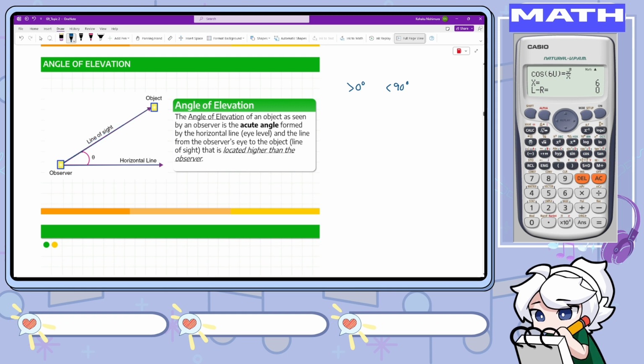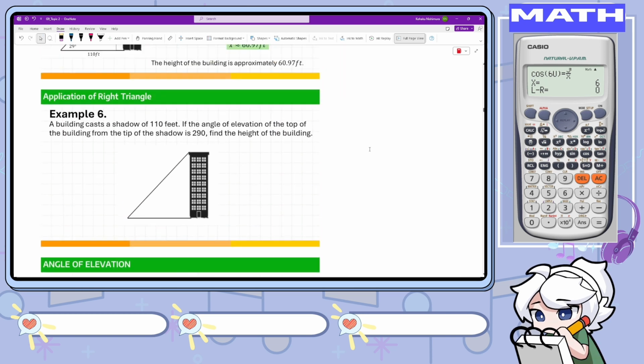And the angle formed between the horizontal line and the line of sight is your angle of elevation. Now, let's say a building casts a shadow of 110 feet. You're talking about a shadow, thus it's this one, right? No, a shadow is looking like this. It's always going to be like this.